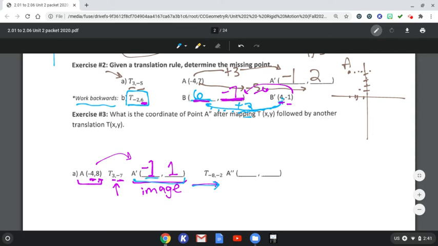So here we're going to take our new x value, -1 minus 8 more gets us -9, and +1 minus 2 is -1. So that would be our final answer here. So again, the question said, what is the coordinate of point A double prime, after mapping those translations, one followed by another?